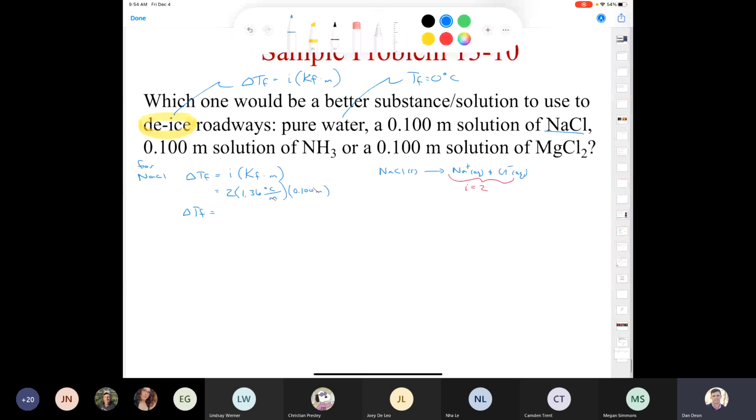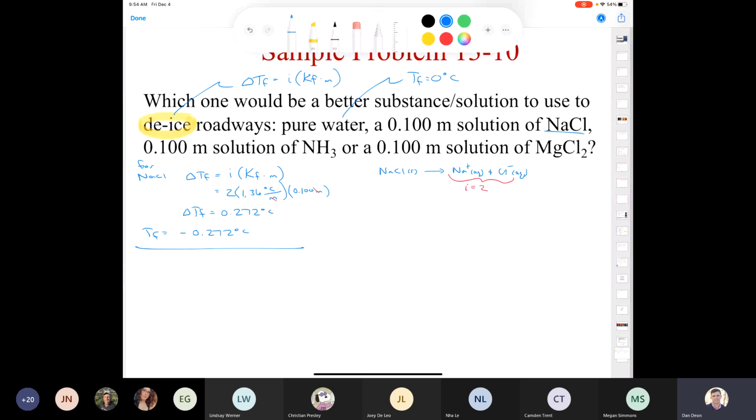It's not our freezing point, but the change in our freezing point is going to be 0.272 degrees Celsius. That means that the freezing point of water would be 0.272 degrees Celsius less than 0 degrees Celsius. That means that your freezing point is going to be negative 0.272 degrees Celsius.